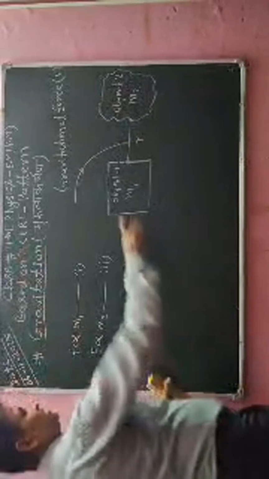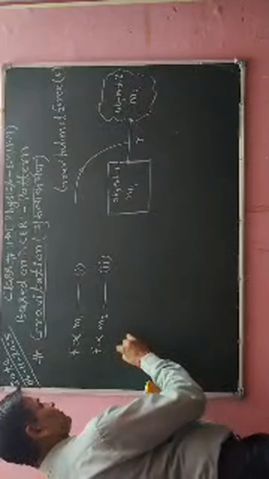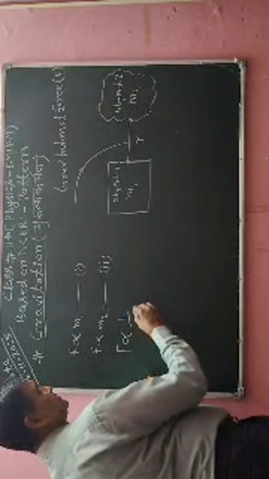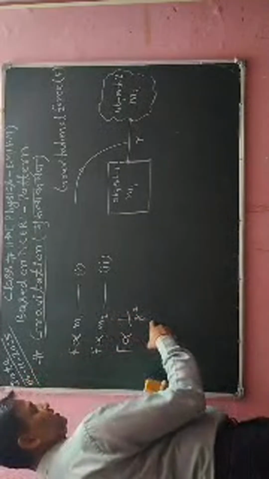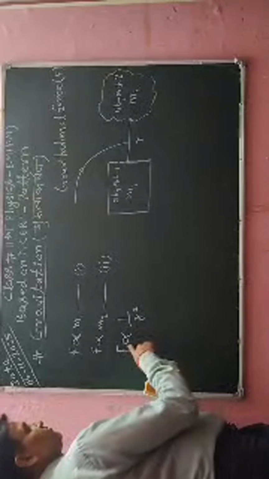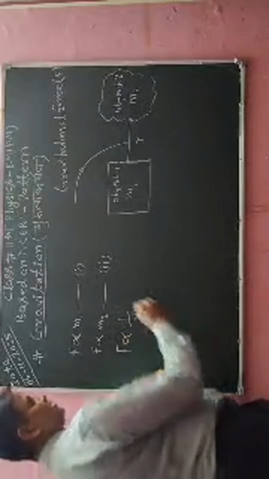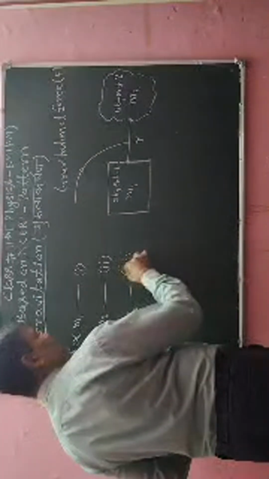It means that this gravitational force will act on both objects such that F is inversely proportional to r square, that is, directly proportional to 1 by r square. So this is equation number 3.